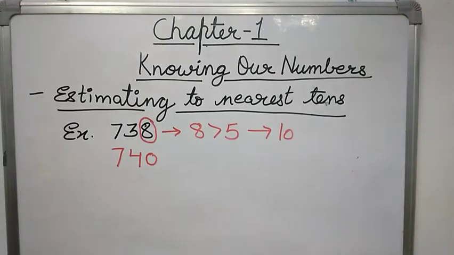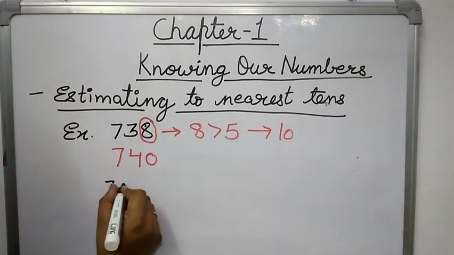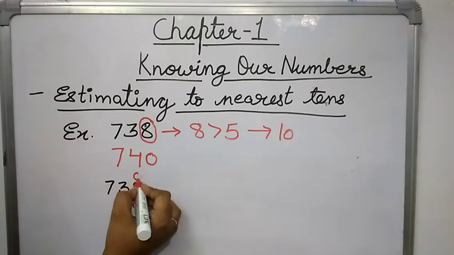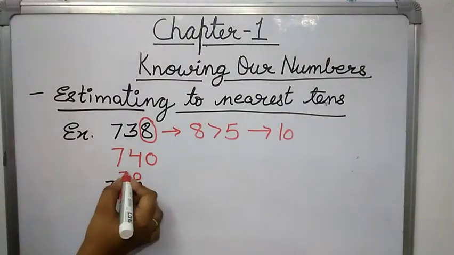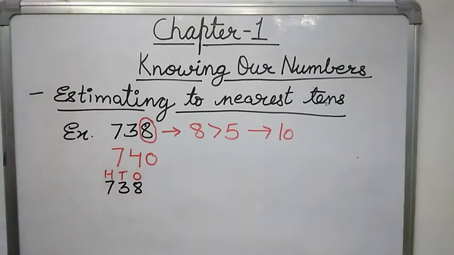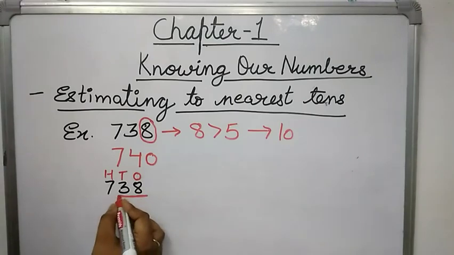You can understand it in one more way. We need to estimate 738 to nearest tens. So this 8 is at ones place, this 3 is at tens place, and this 7 is at hundreds place. So till tens, it is making a number 38.